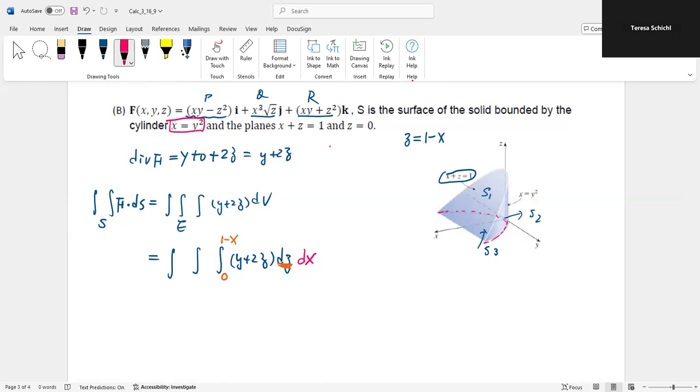So I'm integrating here, this is 1, so my x is going to start from y squared all the way to 1, okay?